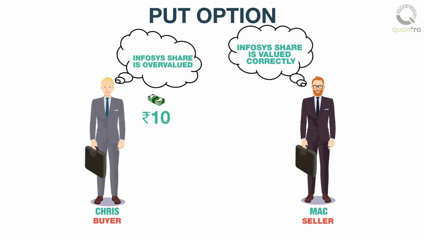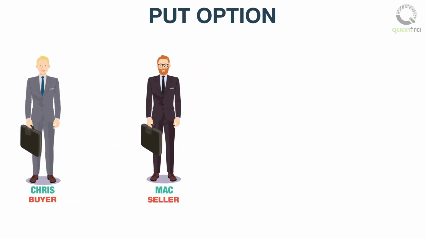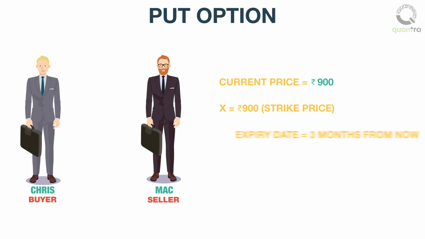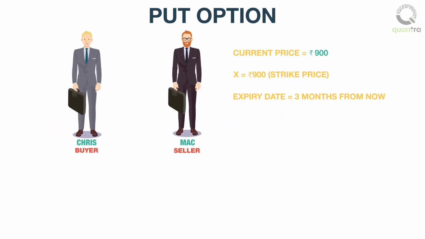To buy the option contract, Chris pays a premium of 10 rupees to Mac. Let the strike price, X, be 900 rupees, and the time to expiry or exercise date be 3 months from now.